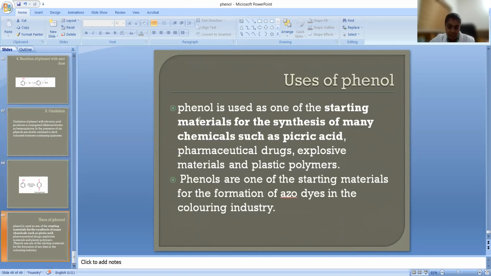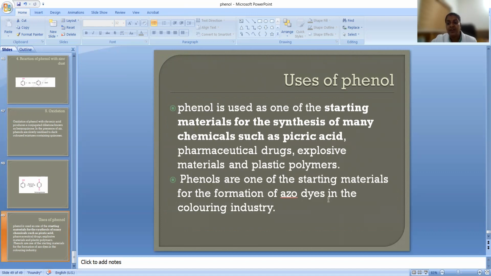Now, what are the important uses? Phenol is used as one of the starting materials for the synthesis of many chemicals. What are the chemicals? Salicylaldehyde, salicylic acid, picric acid. So many pharmaceutical drugs, explosive materials, and plastic polymers, all these we are preparing using phenol. Phenol is also one of the starting materials for the formation of azo dyes.